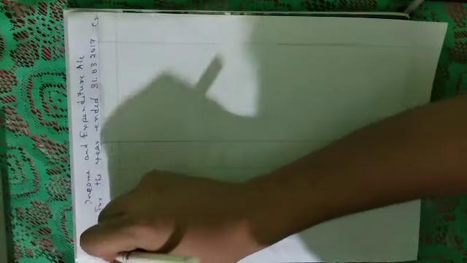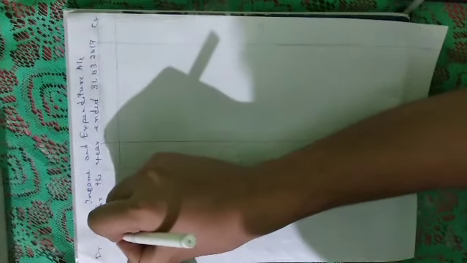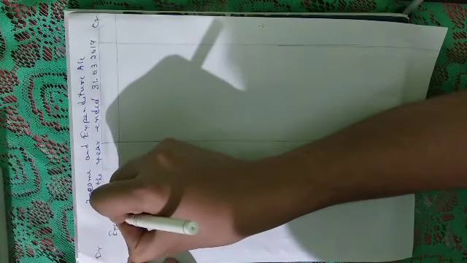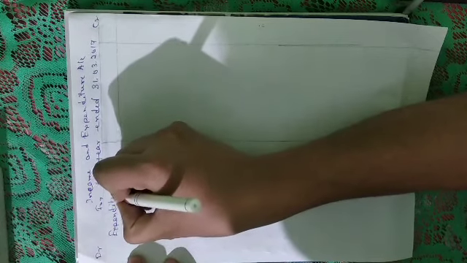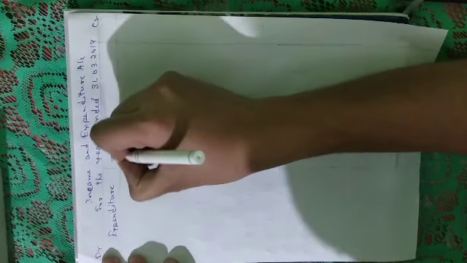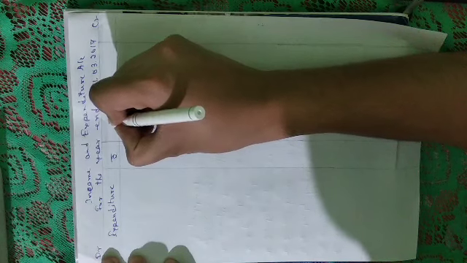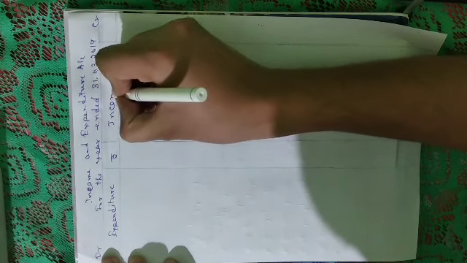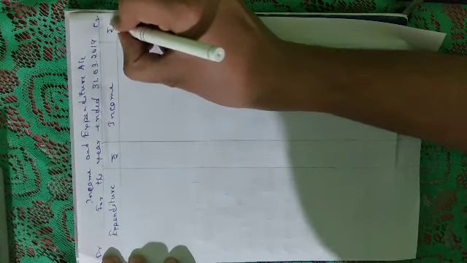Here credit, debit, expenditure, rupees, income, rupees.